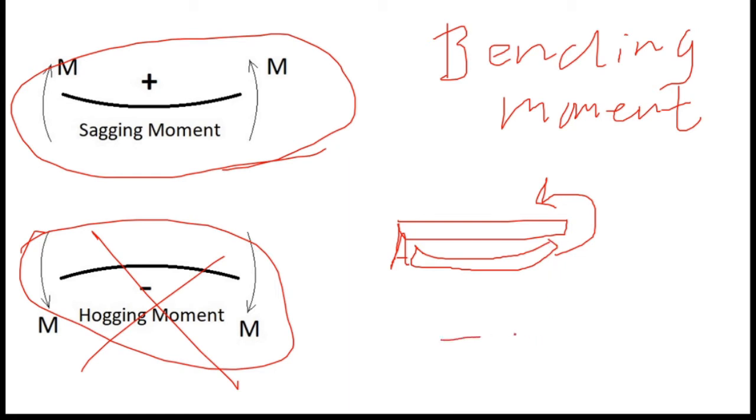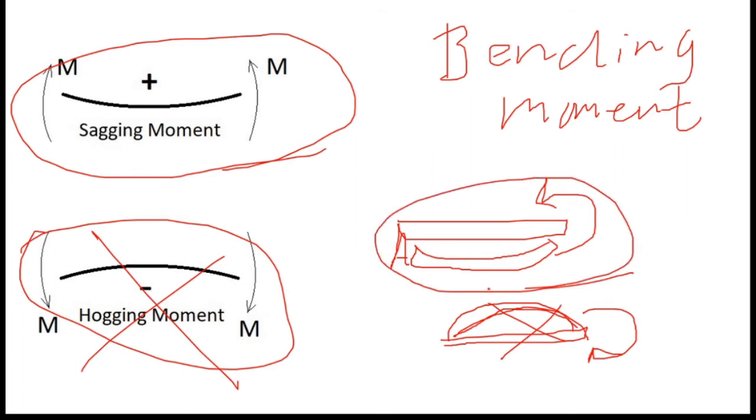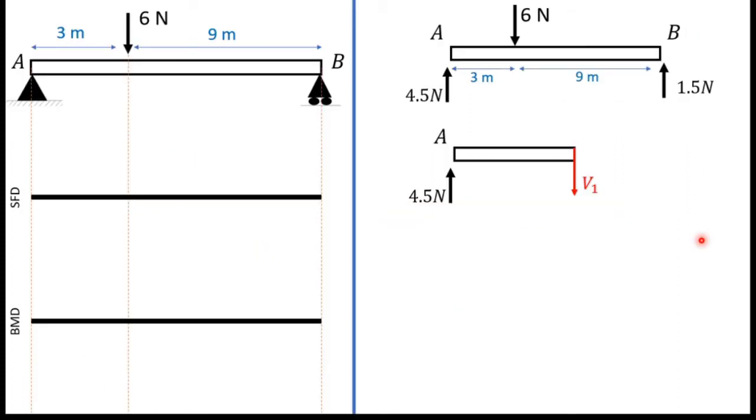If I apply the moment in the other direction, the beam is going to deflect like this. That is the hogging direction, or hogging moment. So I am not going to consider this moment, I consider this moment. That means sagging moment is positive. So now you know why I mark V1 in this direction.